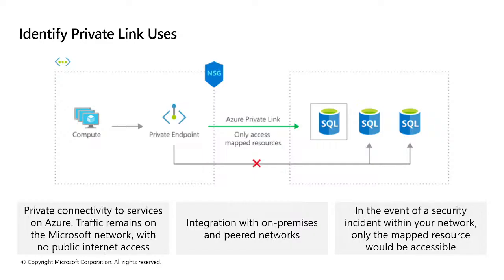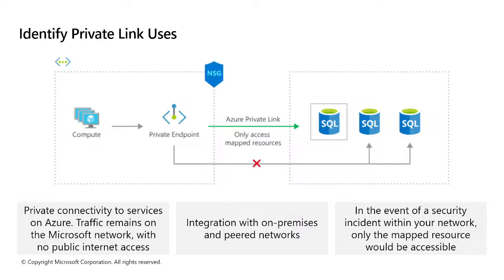So that particular resource needs to have a property or something you can associate an IP to. But in this case you cannot do that with the SQL, storage account and the likes. So what you can do is create what we call a private endpoint.